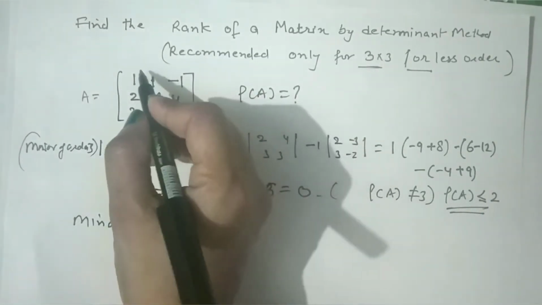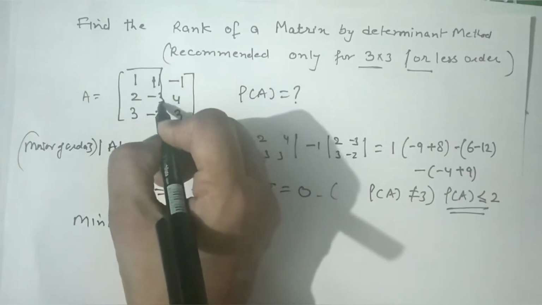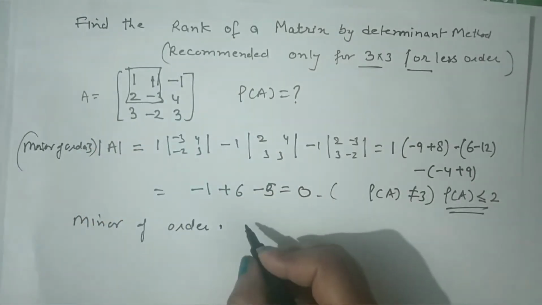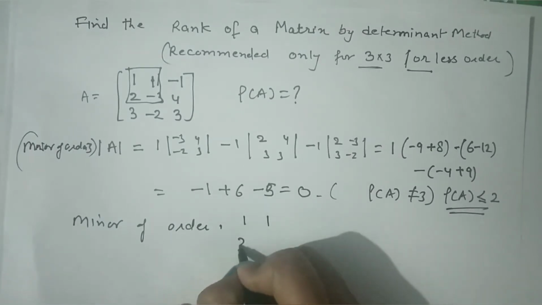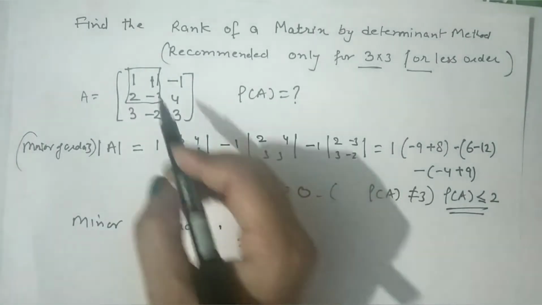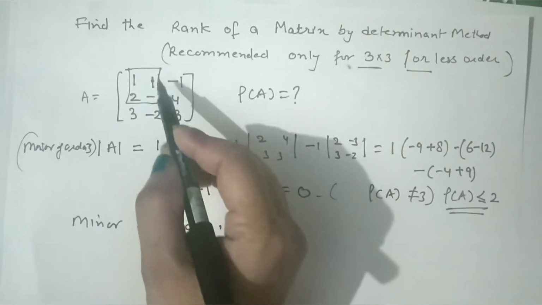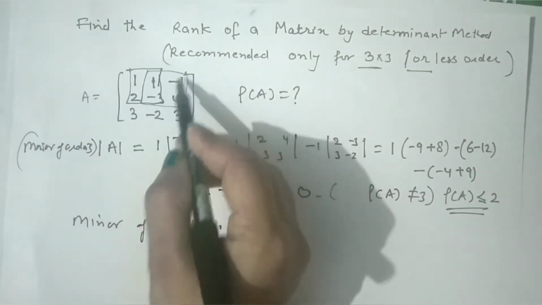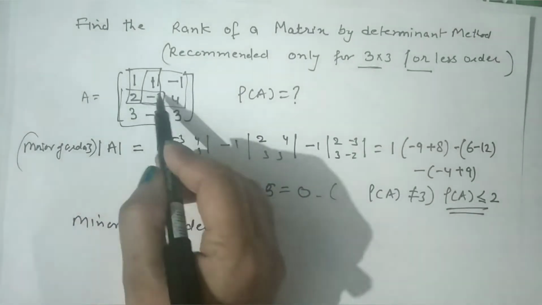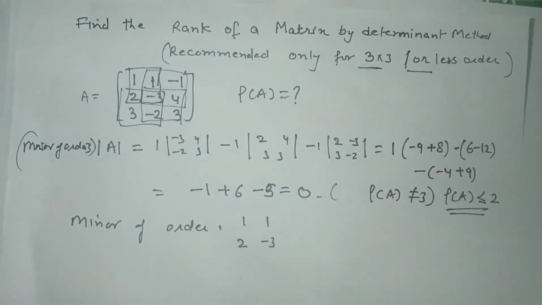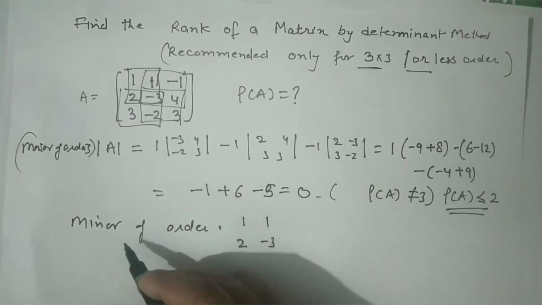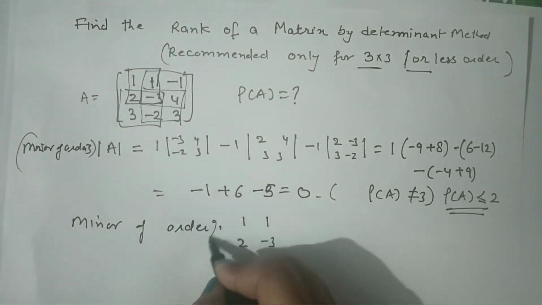If we consider the first 2 rows and 2 columns, that will give us 1, 1, 2, minus 3. We can take any one out of all these. We can take this lower part, or this one. So 2 rows, 2 columns you have to take. You can take any 2 rows or columns to make a determinant of order 2, or minor of order 2.